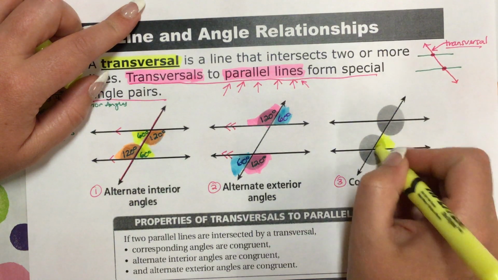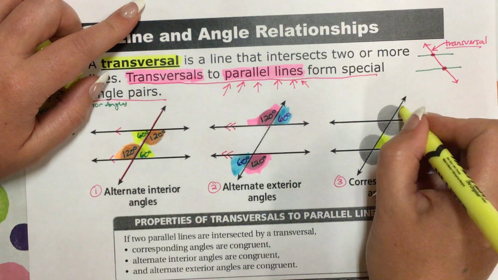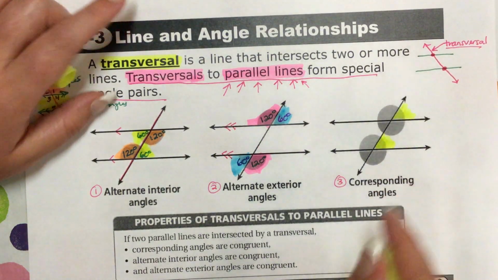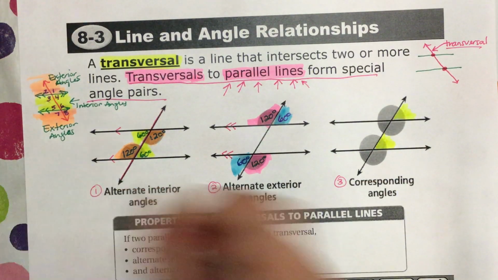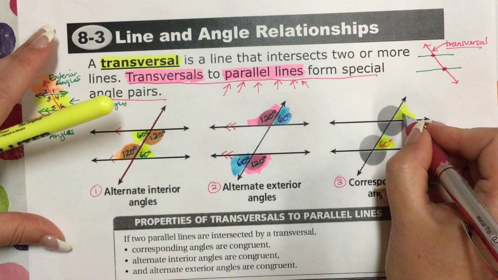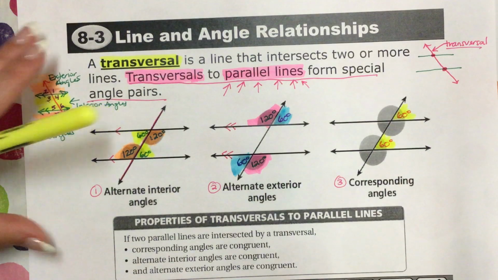And if one is interior, then this one has to be exterior right there. Those are corresponding angles. So if this one is 60 degrees, guess what this one is? They're the same. This one's 60 degrees.